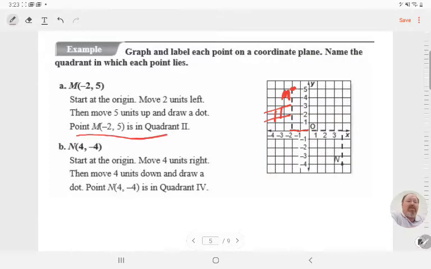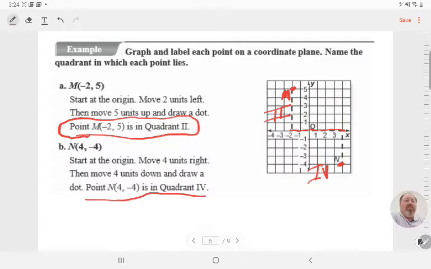So point M is at -2, 5, in quadrant 2. Now, N is at 4, -4. So I would go over to 4. I go down to -4, and it's right here. This is in quadrant 4. Okay? So point 4, -4 is in quadrant 4. So I've graphed it, and I labeled which quadrant it's in. All right.